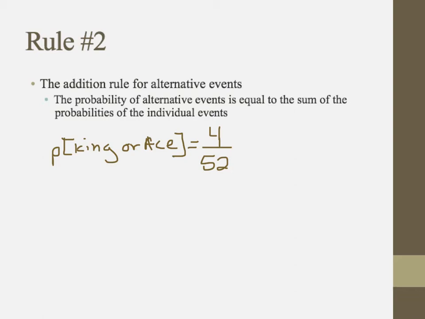But we're also equally happy if we were to get an ace, right? So we're going to add the probability of getting an ace. And again, there are 4 aces in the deck out of 52 cards.